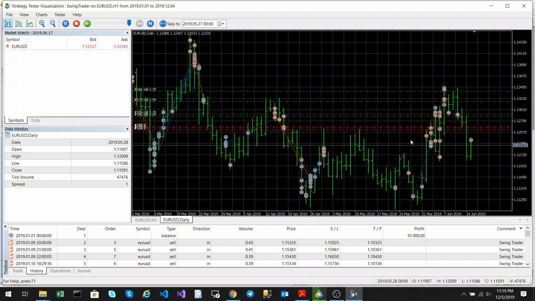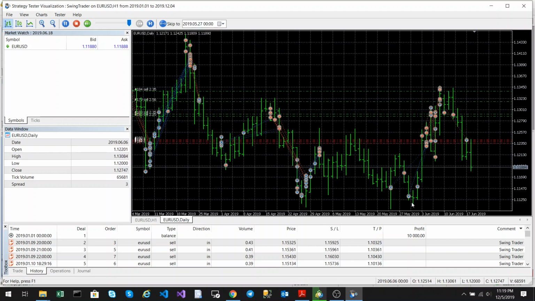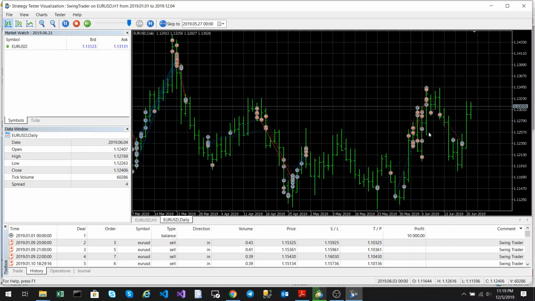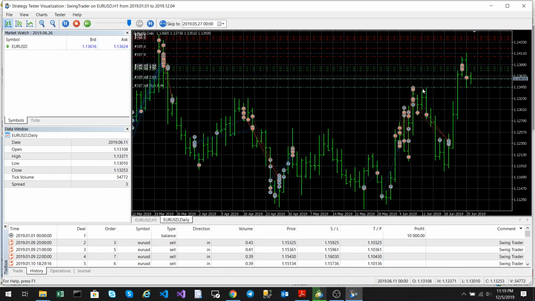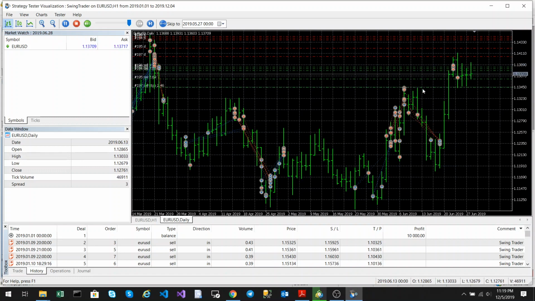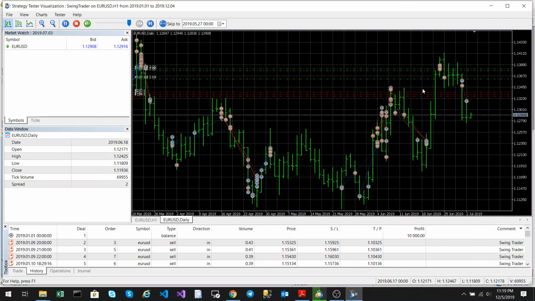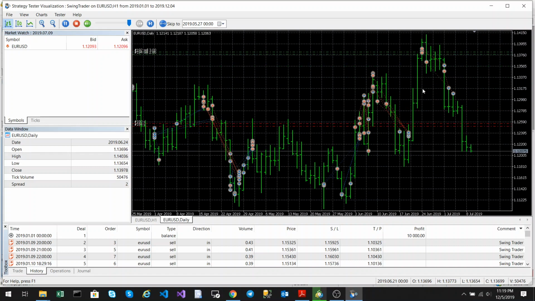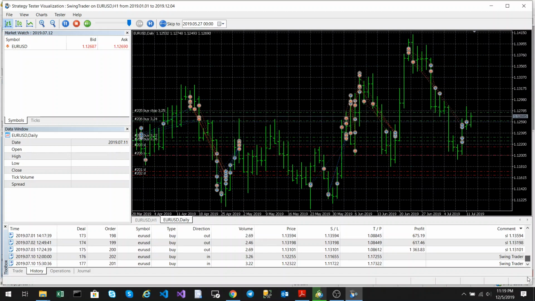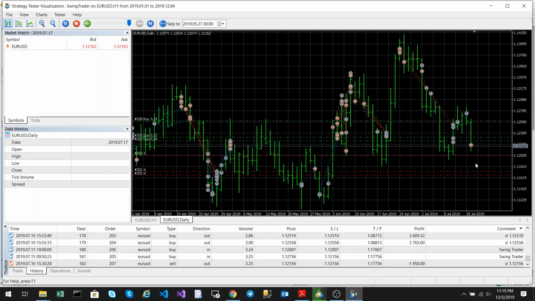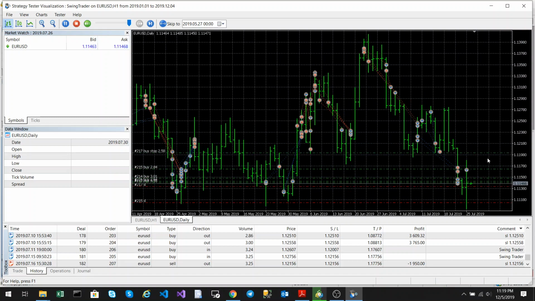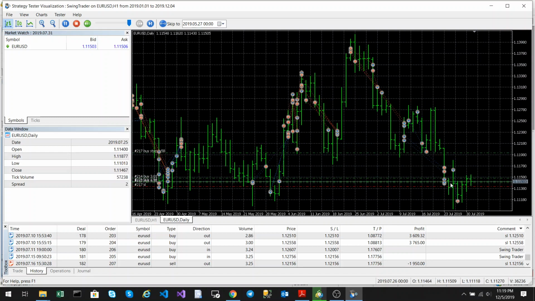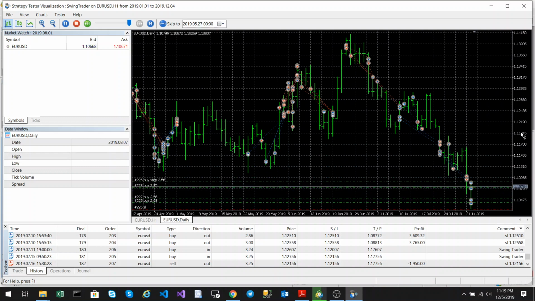Like I said, it's very good for ranging markets. As you can see, when it hits the previous lows and the previous highs, the market seems to reverse back. You can see it's reached its previous lows, and you can see it bought in there and it keeps going back down.